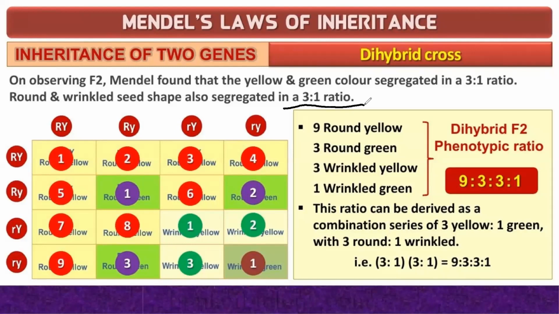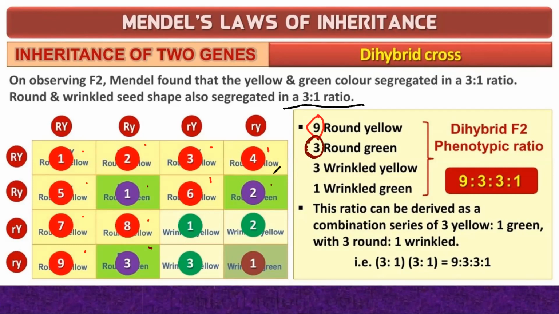If we compare the phenotypic ratio, then there are a total of 9 which are round and yellow. Here the labels are given 1, 2, 3, 4, 5, 6, 7, 8 and 9. 3 are round with green, that is here 1, 2 and 3.